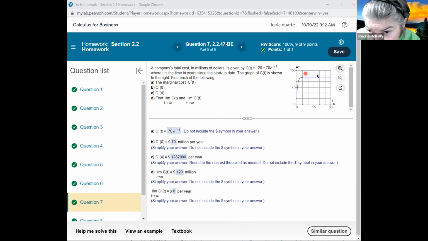So this graph that they're giving us, notice that it starts below 75, has a sharp increase, and then pretty much levels out to flat below 150. We can tell that it levels out to flat around 120, but we'll get to that. Find each of the following.